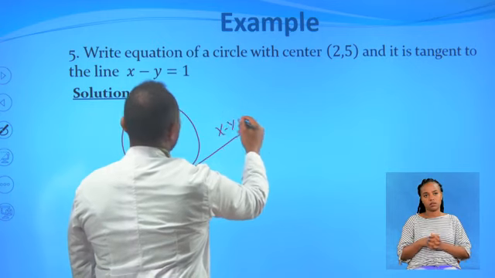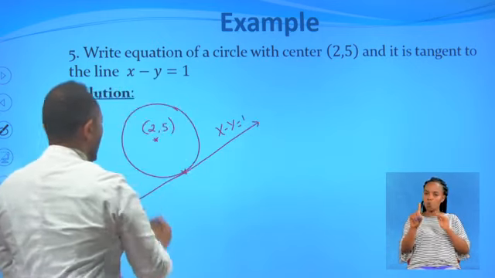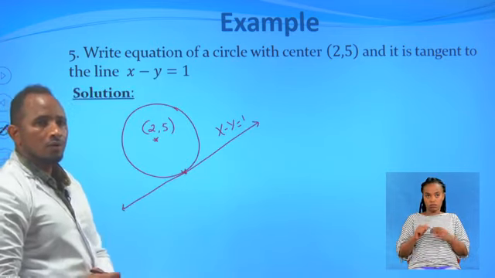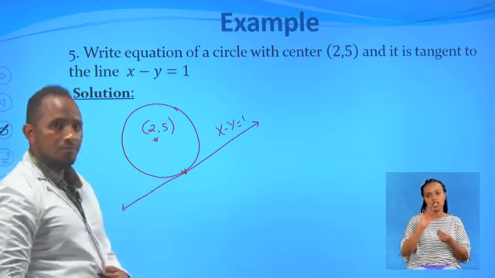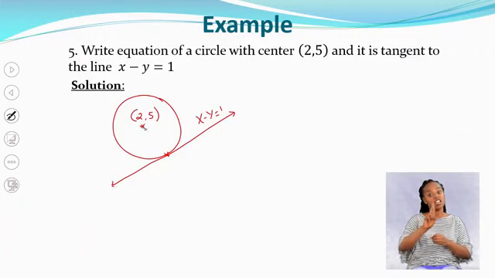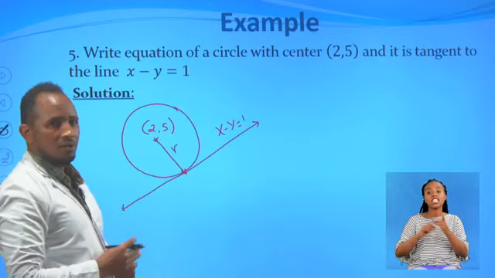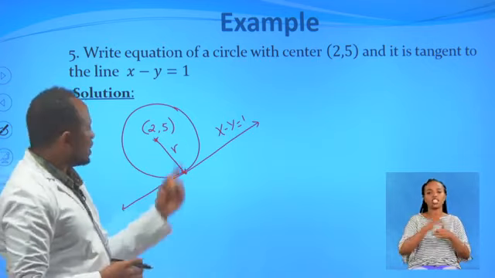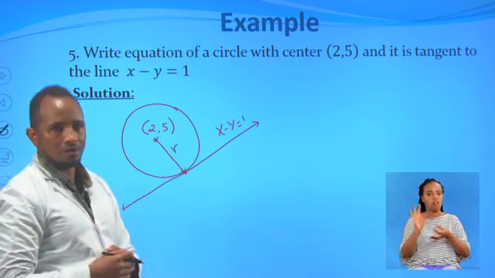The equation of this tangent line is x minus y is equal to 1. To write the equation of this circle, I need to find the radius. The radius is the distance between this tangent line and this point. So, using the formula for the distance between a point and a line, we can determine this distance r.